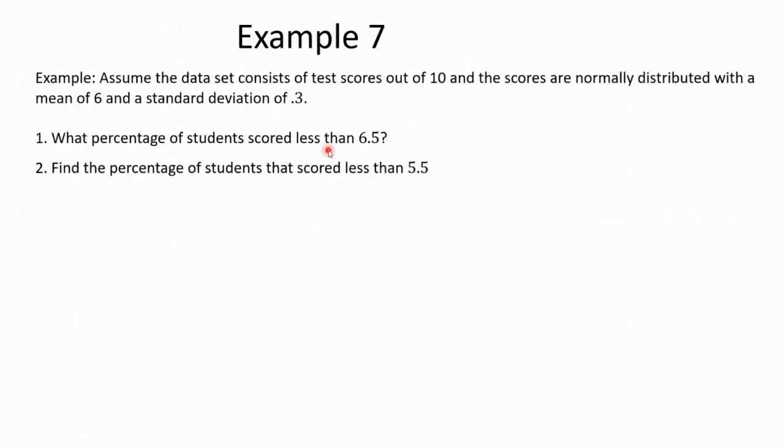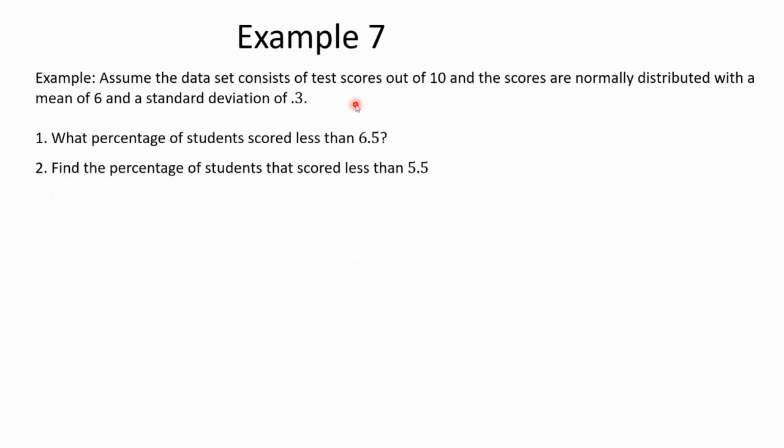Suppose now that we have a different test, with test scores out of 10. Let's say the scores are normally distributed with a mean of 6 and a standard deviation of 0.3.